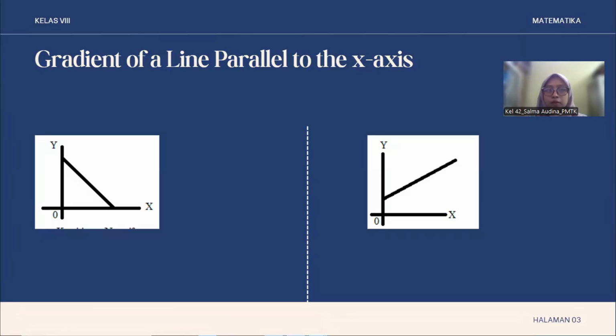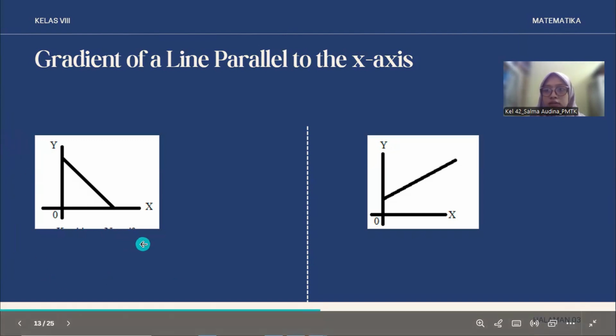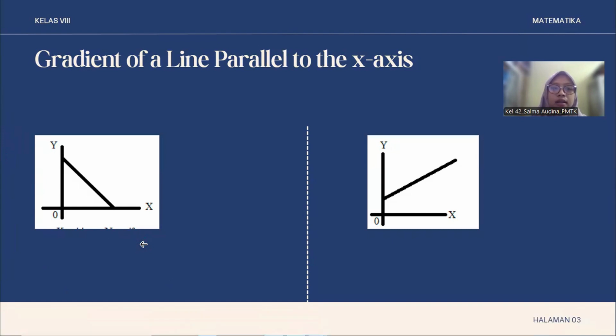The third formula is the gradient of a line parallel with the x-axis. Have you ever learned that when a line goes down, the gradient is negative?